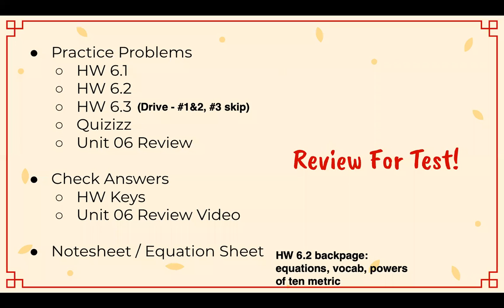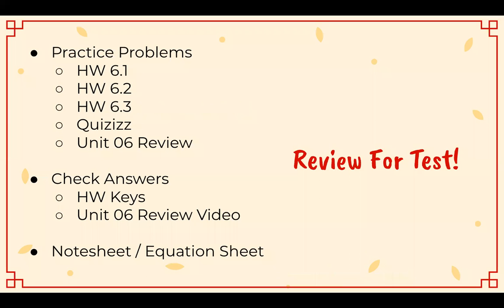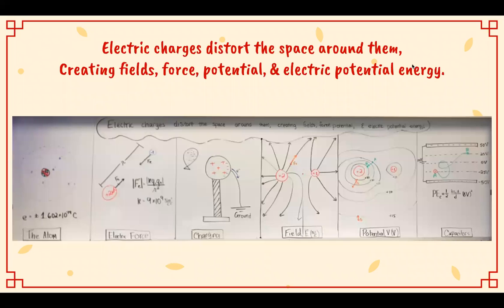Okay, so from here, now what's going to actually be on your test? If you've been to our classroom, you know that I have this unit map on the back of the board where I teach. And the unit map has all the main ideas in one concise place. The big idea for this unit is that electric charges distort the space around them.